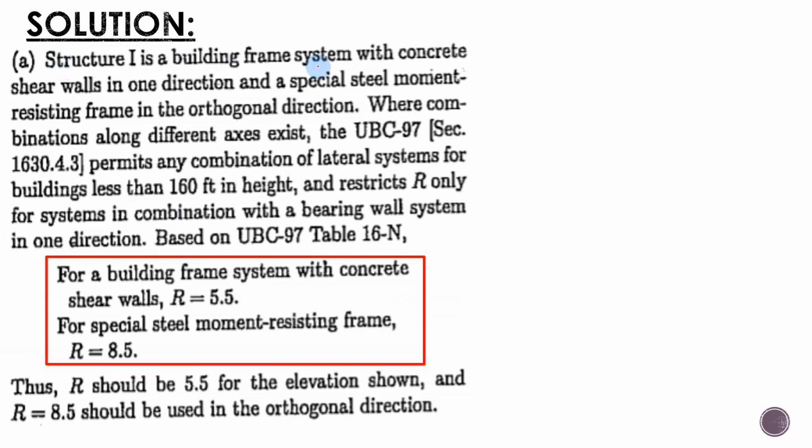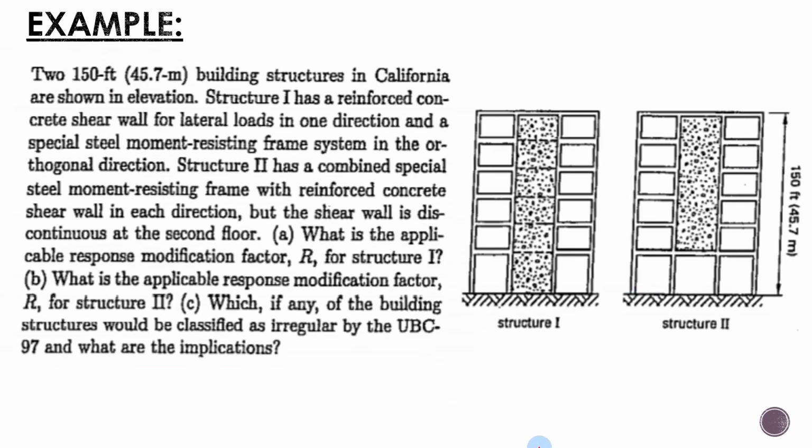This is the solution for structure 1. This is the plan view, with the x and y directions. In the x direction, at the front side, there is a reinforced concrete shear wall.